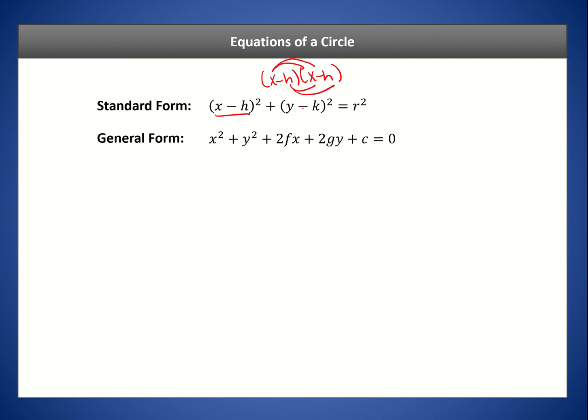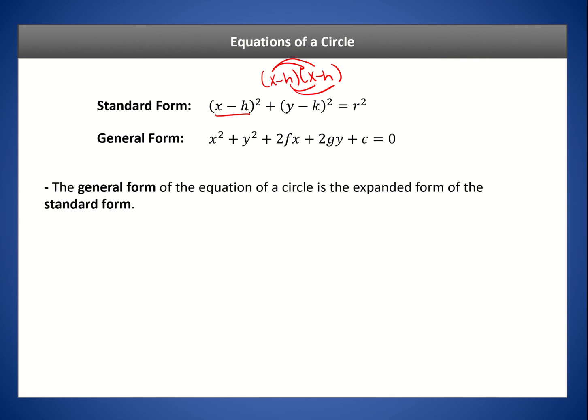If you did all of this for y minus k and x minus h, you can combine them into a statement that looks like this, where you have an x squared term, a y squared term, and then a term that has x, a term that has y, and then some kind of constant equaling 0. This is known as the general form of a circle. We will only deal with this form maybe 1 or 2 times. Most of the time we're interested in the standard form. So the general form of the equation of a circle is the expanded form of the standard form.